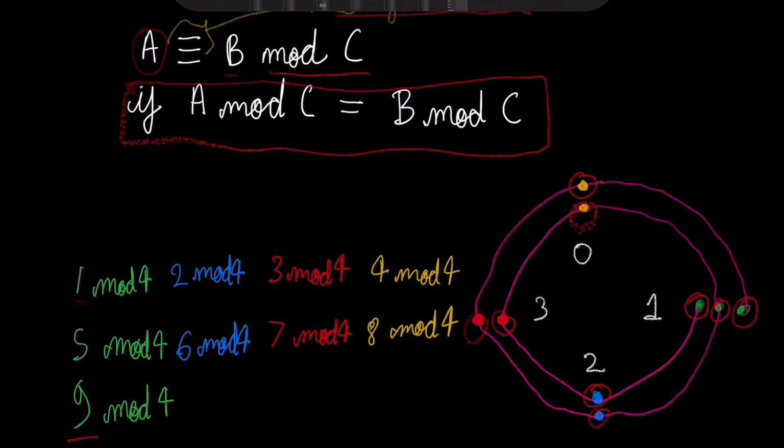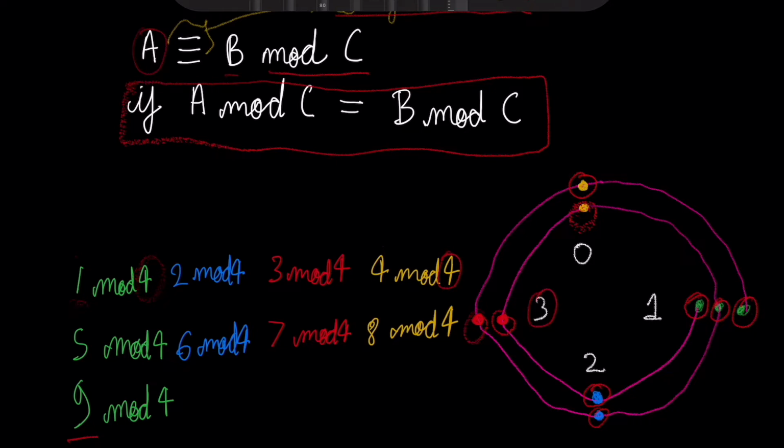So in modular arithmetic, if we're dividing by n, then the output of any number mod n can have a max value of n minus 1. In this case we were dividing by 4, so the max value was 3.